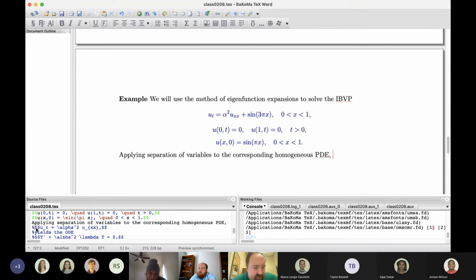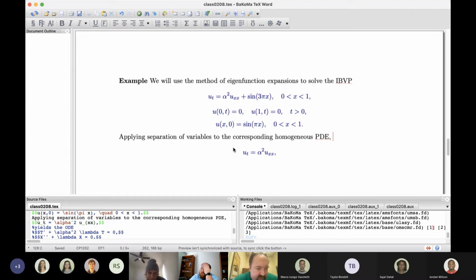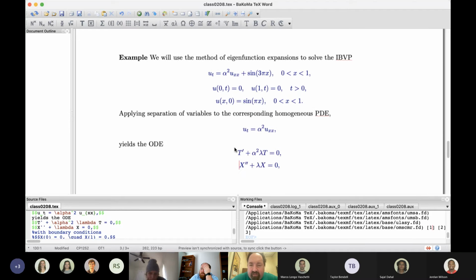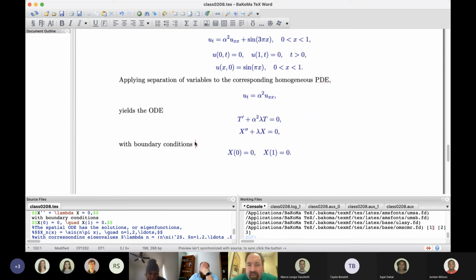So first, you have to perform separation of variables on the homogeneous version of the PDE. So f of x,t drops out. Then you do separation of variables like you've been doing, and you get these ODEs. You just solve the spatial one now. This one you don't need to deal with because you're going to be solving a non-homogeneous one later anyway. Here are the boundary conditions, at x equals 0, x equals 1.